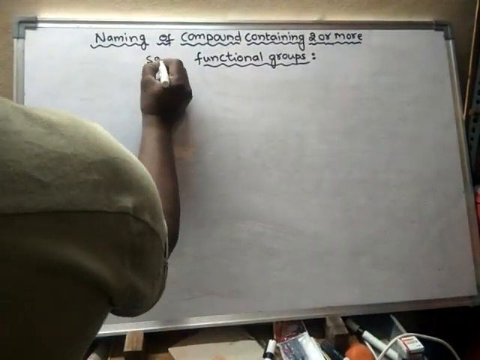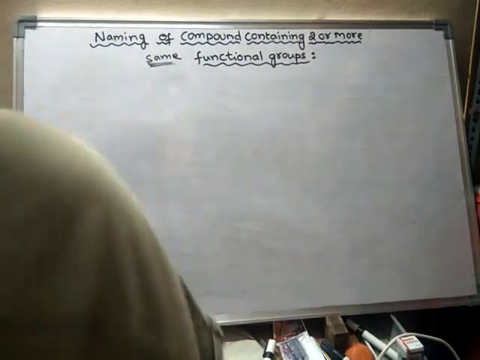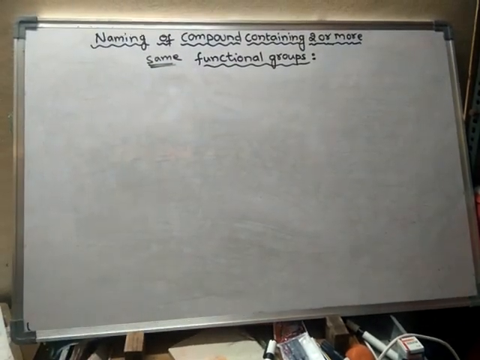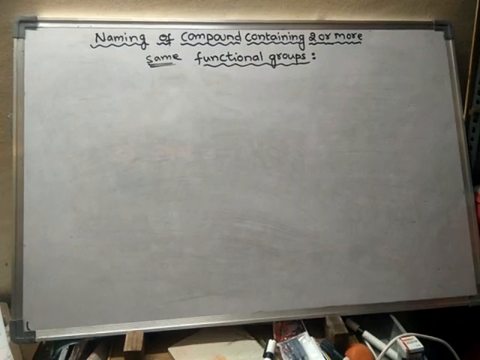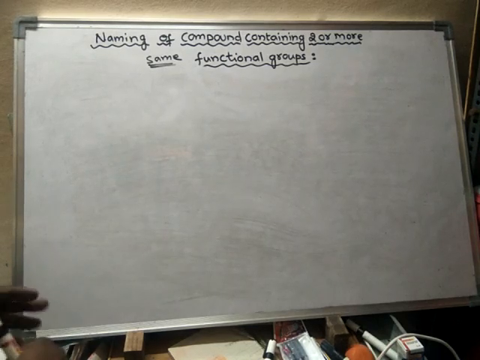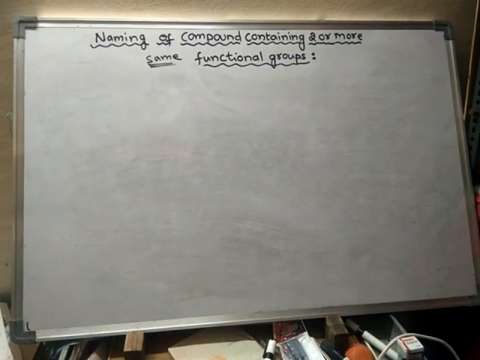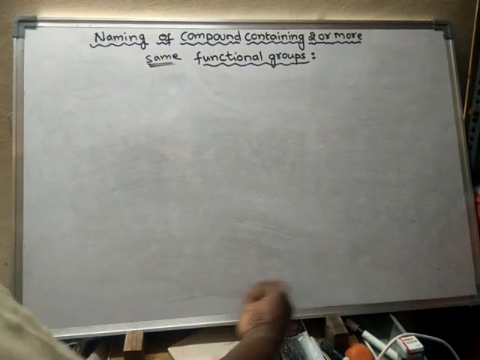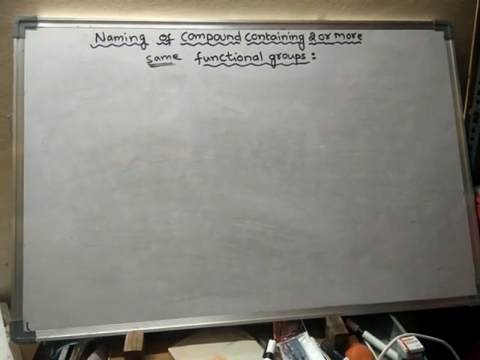If more than two same chain terminating functional groups are present, then IUPAC has given a recommendation in 1993 to follow a certain method. We have already seen one example. Now we will look into one more example.